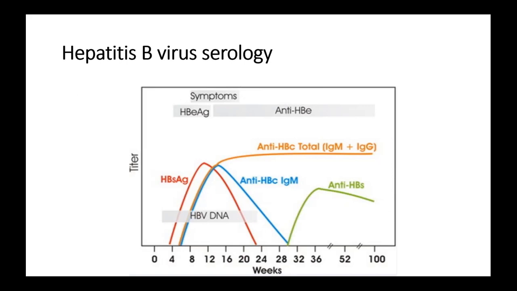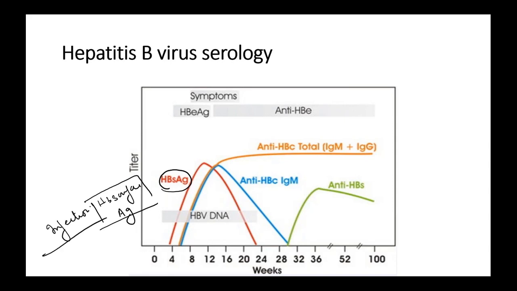So this is a very important image, and it gives you a pretty good idea about understanding what is going on. The first marker of hepatitis B serology, hepatitis B surface antigen, will appear, and that indicates infection from hepatitis B. You are seeing that surface antigen will increase, go to peak, and then start dropping.